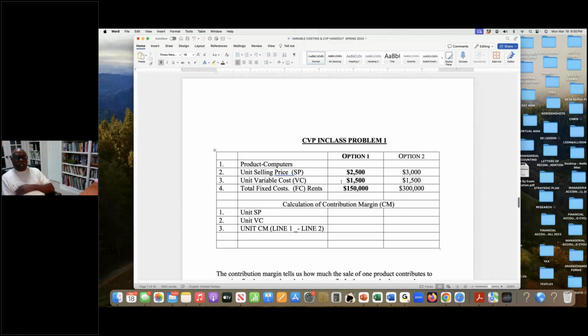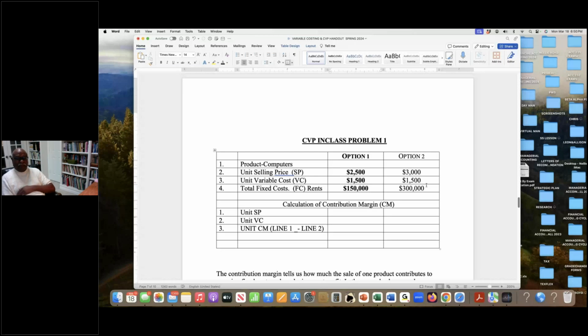The first thing we're going to do is calculate the contribution margin. So calculate this contribution margin with me. Put in $2,500 for the selling price, put 1,500 in for the variable cost, subtract line 2 from line 1, and you're going to get a contribution margin of $1,000.